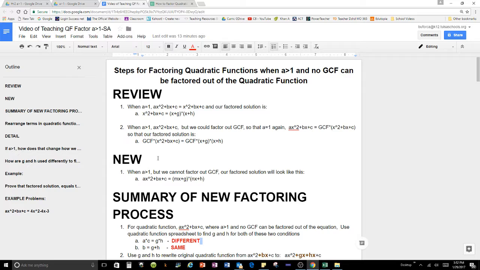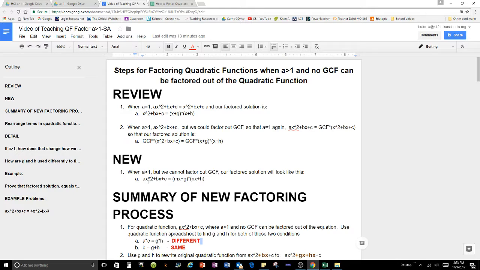Okay, but now we have a situation where a is greater than 1 and we cannot factor out a GCF. What that means is, when we have numbers in our quadratic equation, ax squared plus bx plus c, and that a value is a number that can't be evenly divided into b or c, then we can't factor it out.